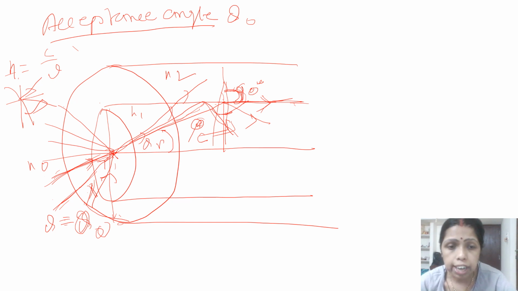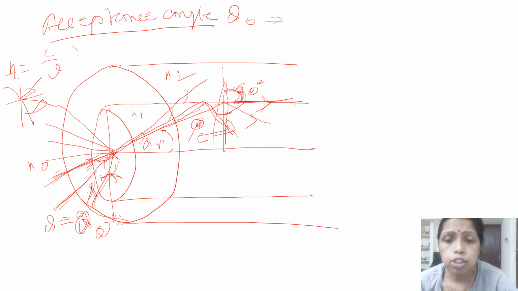If it is less than the acceptance angle, this will create the reflected ray when it hits the core and cladding interface. This is called the acceptance angle. If the angle is greater than this one, it should not be acceptable. This is called the acceptance angle.